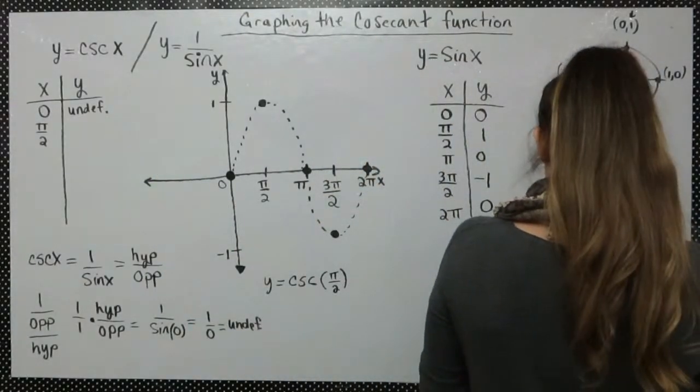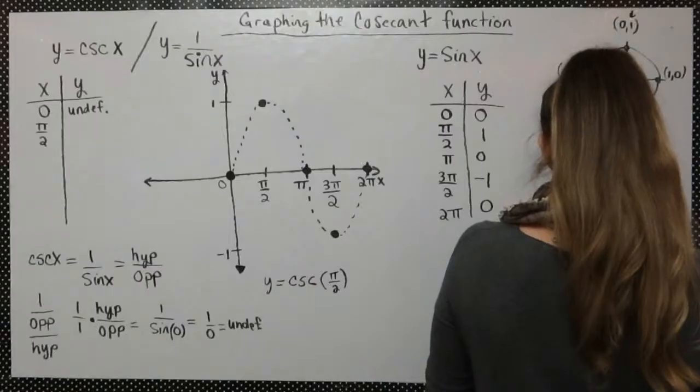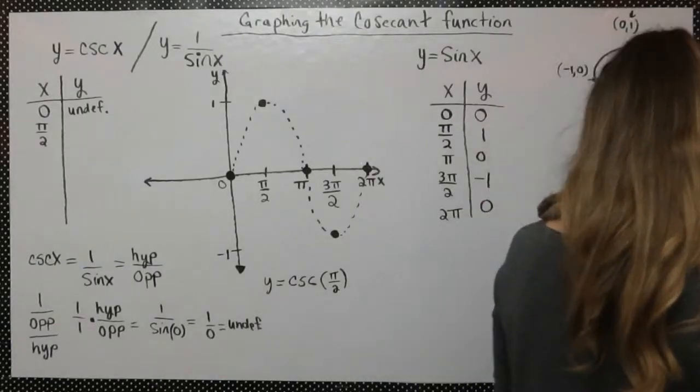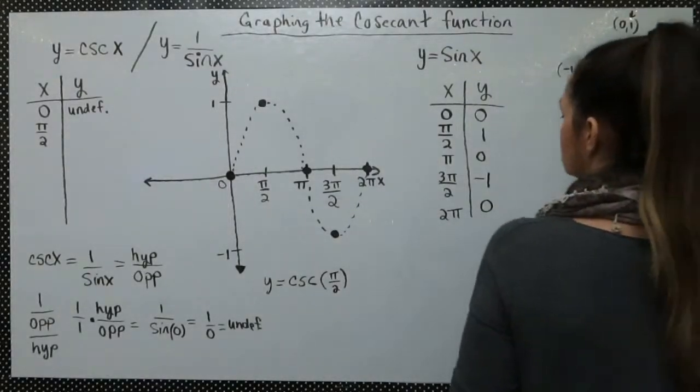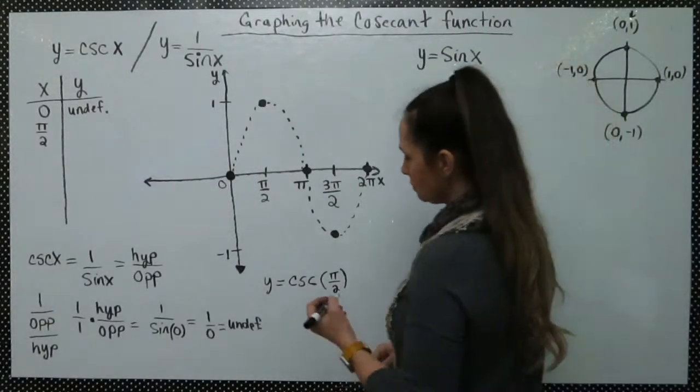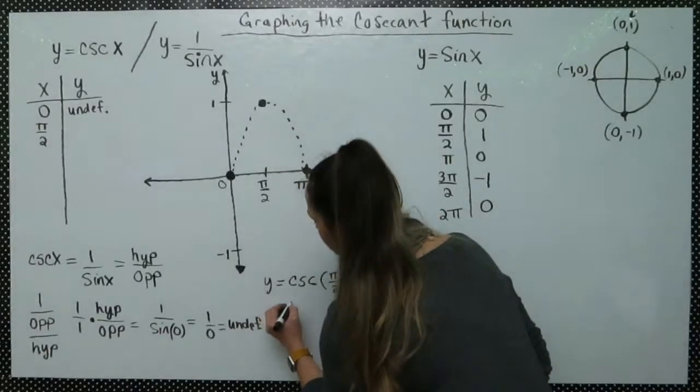And then pi divided by 2 real quick. And it's saying it's 1. So when you plug in pi over 2, let's see what this function's doing.